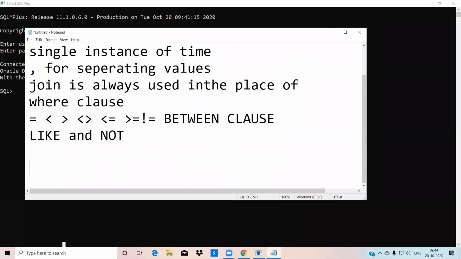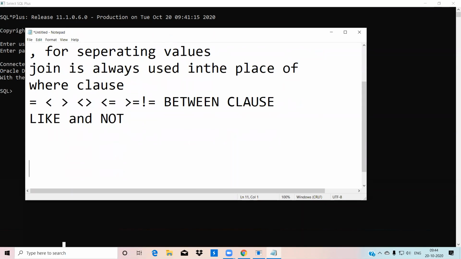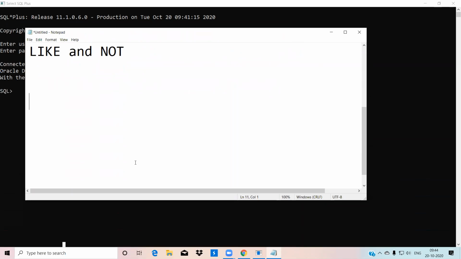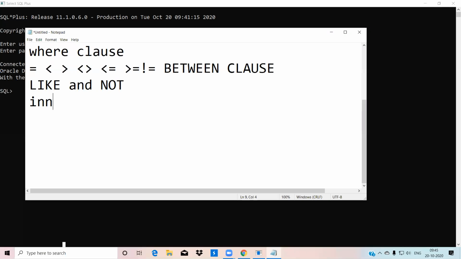There are different types of joins. One is inner join. Second is left join. Third is full outer join.